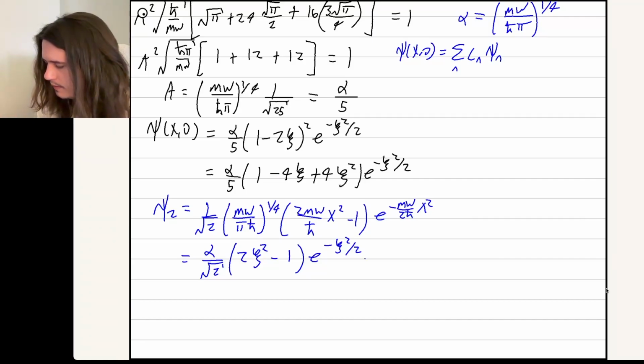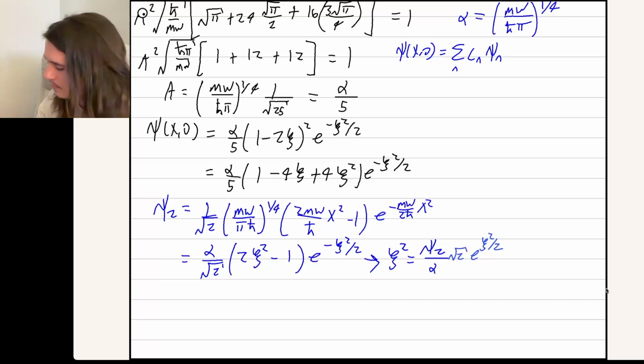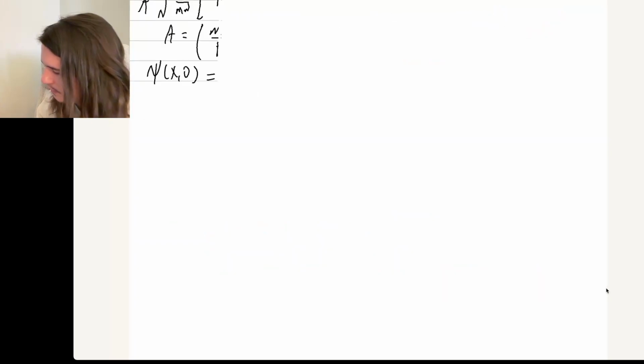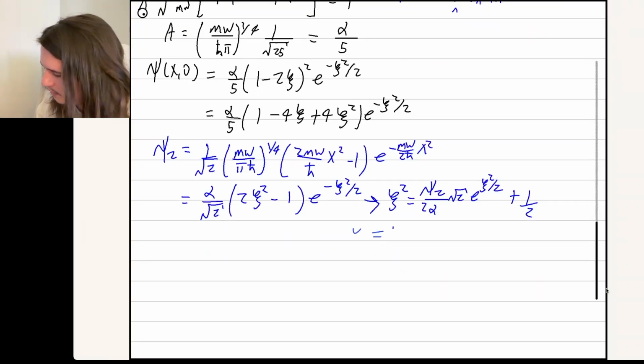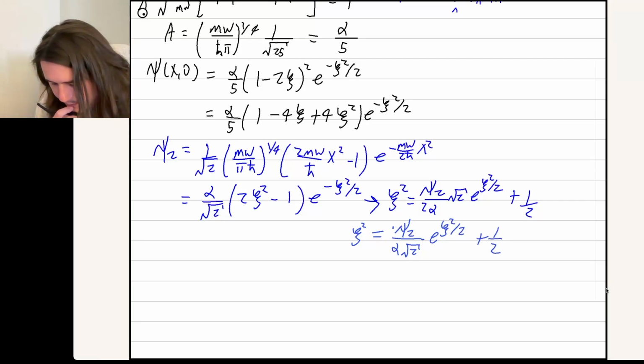So c squared is psi 2 over (alpha root 2) times e to the positive c squared over 2, plus 1, and then divide both things by 2. So it's psi 2 over alpha root 2 e to the c squared over 2 plus a half. Okay.